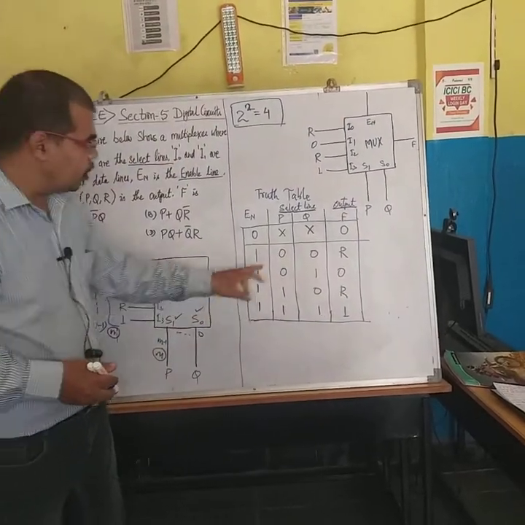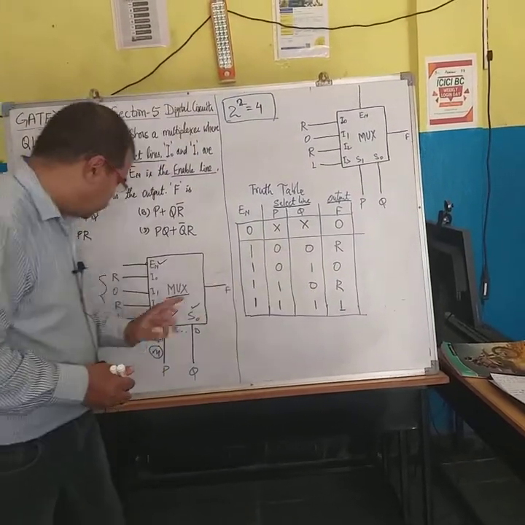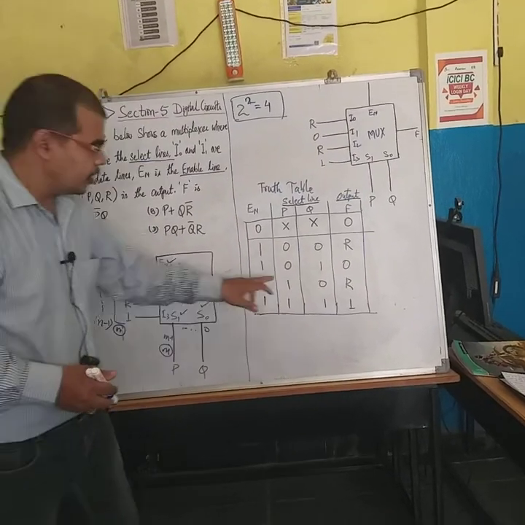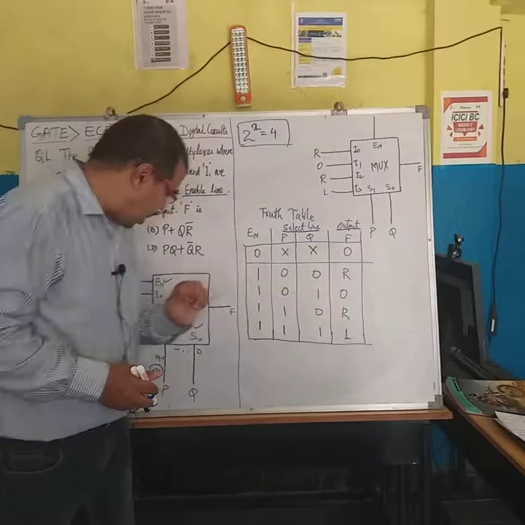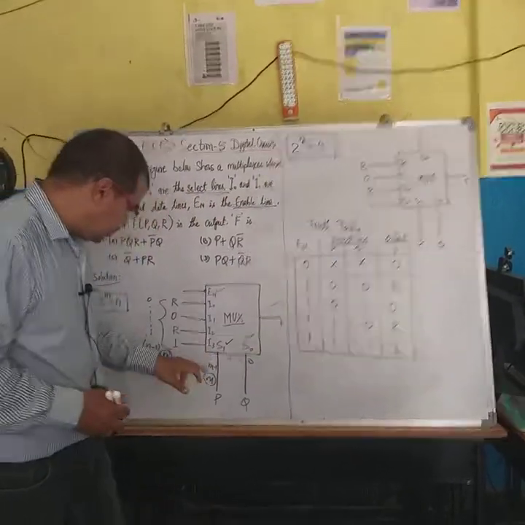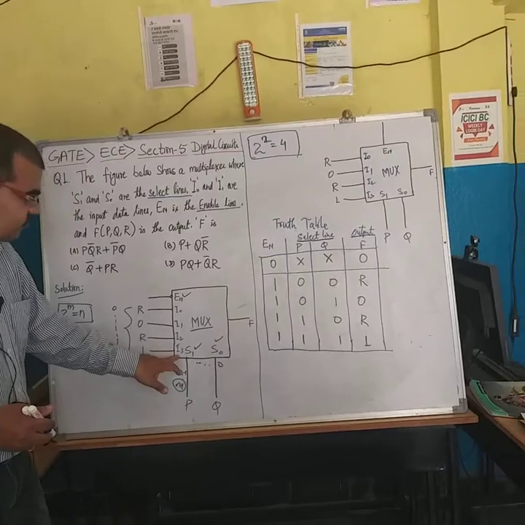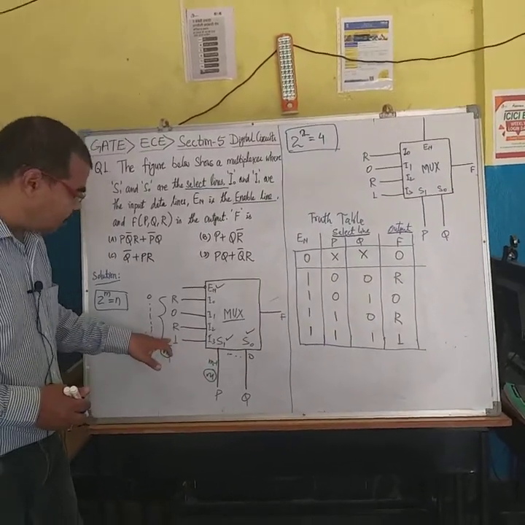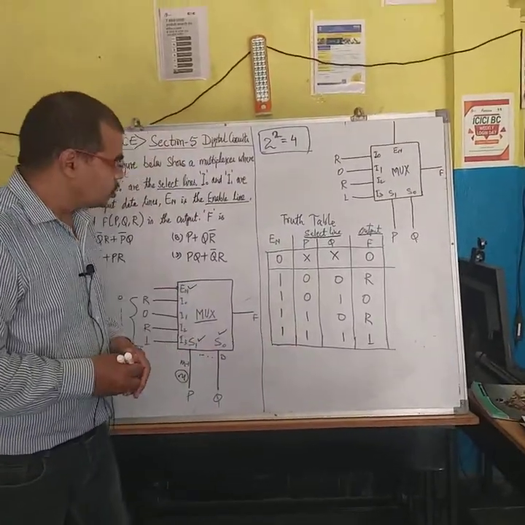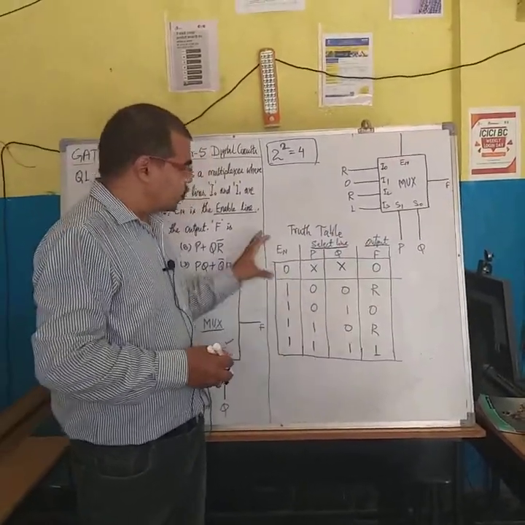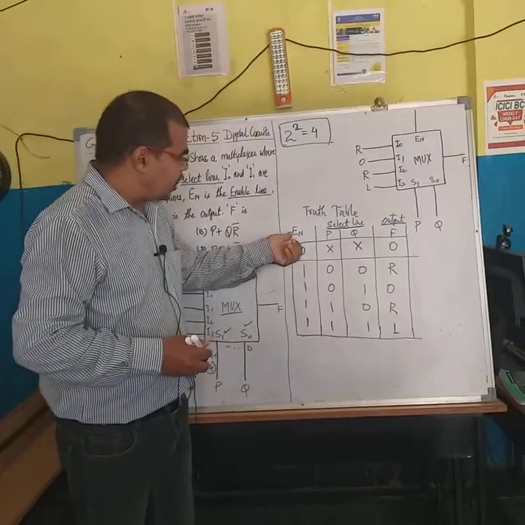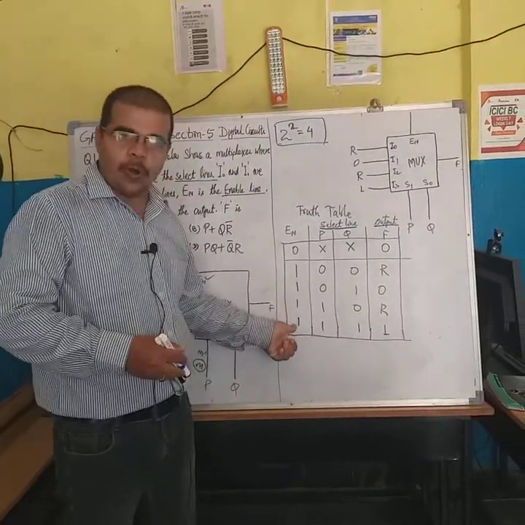When your select line is 1 0, this is I2, and here we are getting output as R. And when your select input is 1 1, we are getting I3 and our output is 1. So the summary from the truth table is that enable should be in one state only.